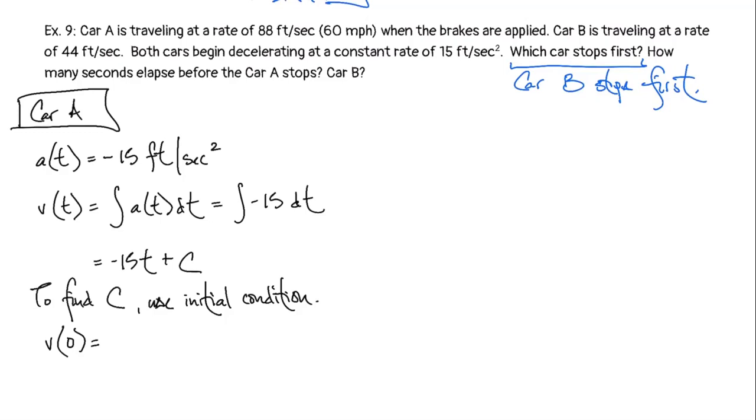How fast was car A going? So if you go back into the problem, how fast was car A going? Yeah, 88 feet per second.